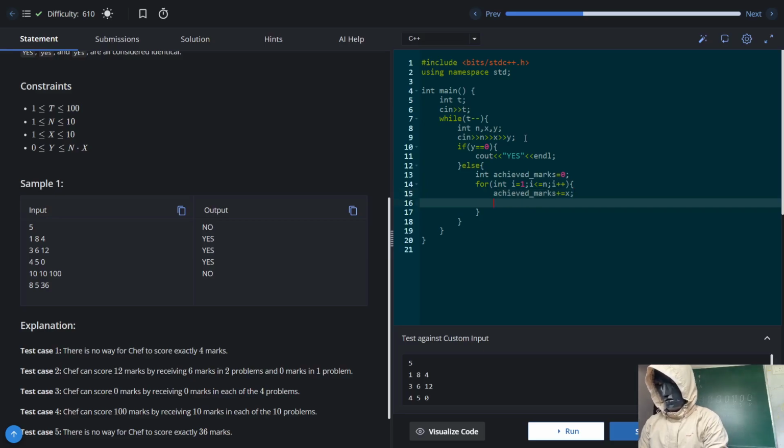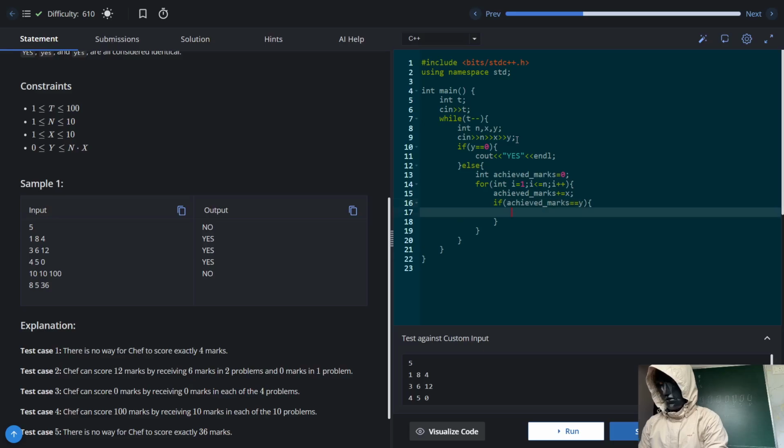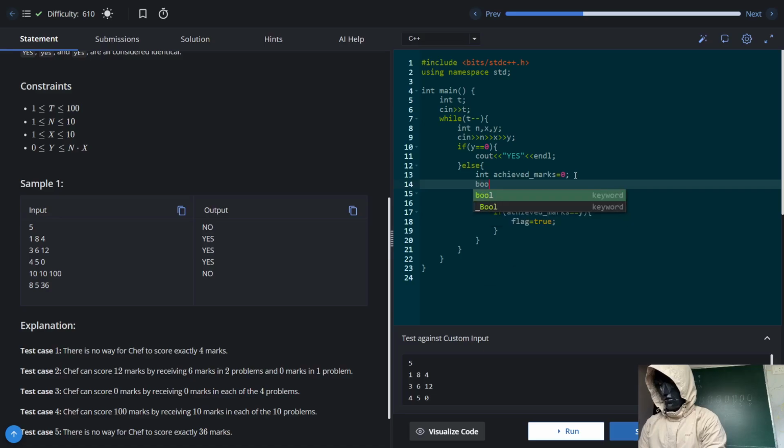So once you solve that problem, we'll have to check if this achieved marks is equal to y. In that case, we'll take one flag variable, which will first be false, and why I'm doing so I'll tell you.